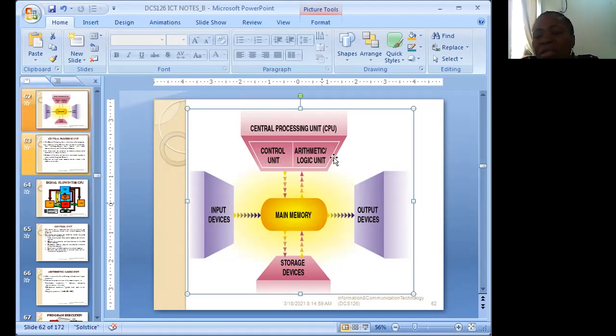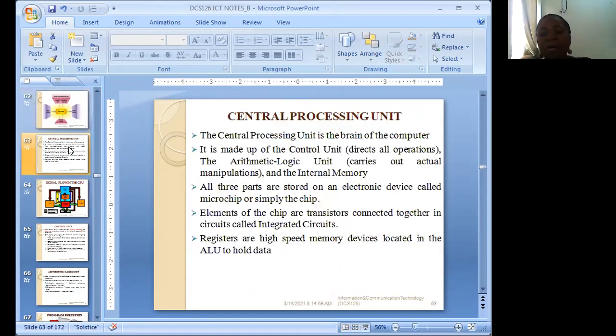So this is basically a visualized block diagram of your hardware. So we've discussed the output devices and input devices, and we discussed a little of memory, but not in depth, a little bit of storage, but today I want us to move to the CPU. So here on the next slide, you can see what is the CPU.